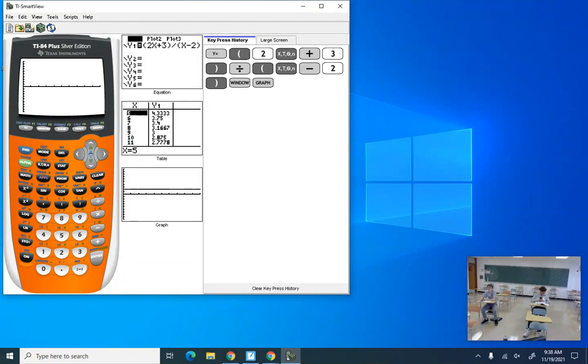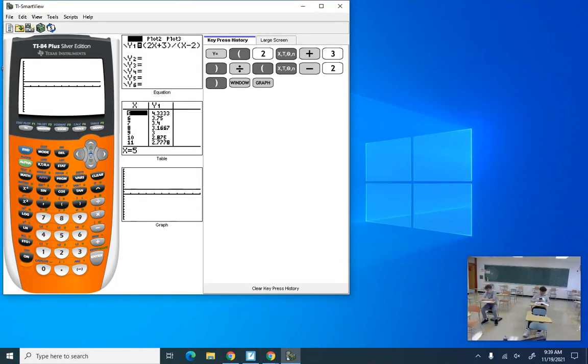So if I take a look at my graph, as it gets closer and closer out there, my x value is very, very large. I flatten out at the value of 2. Here's my value 2 on my graph. I just flatten out, and this is going out to millions.